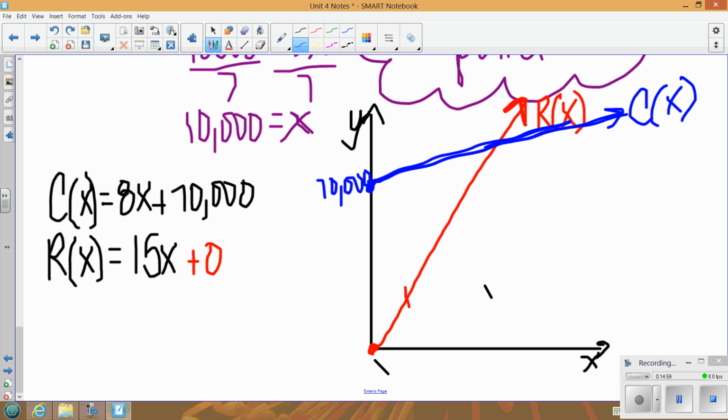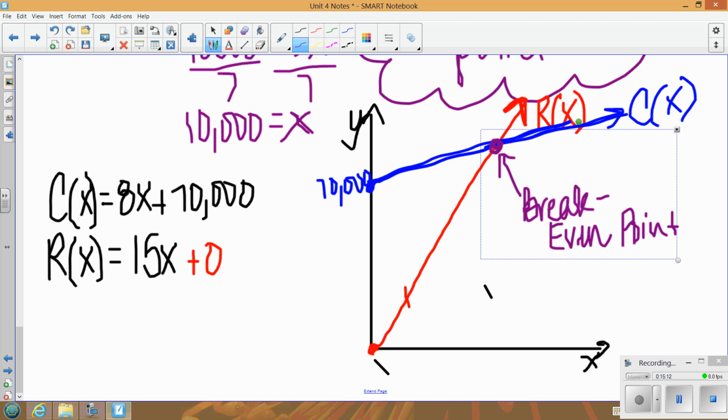But when you look at this, that break even point is right here. This is the break even. So that value, remember we just found, is 10,000. So when x equals 10,000, that's the break even point. So for the inequality aspect of this, we look at the areas of profit versus loss.